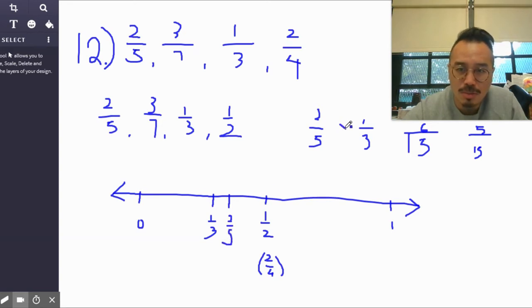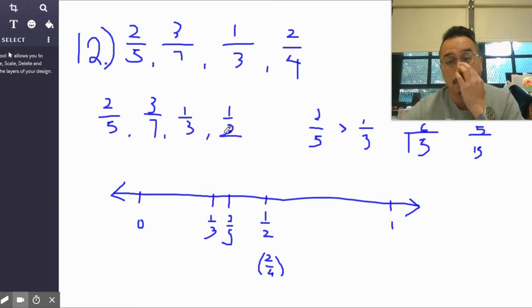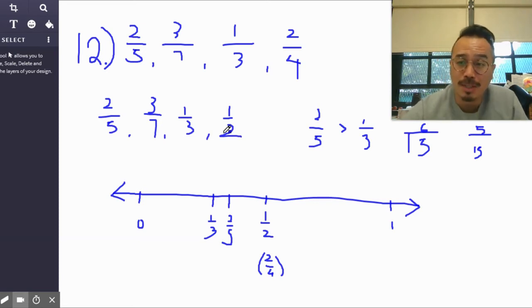Don't get too intimidated by having all these fractions where it's not immediately apparent what the common denominators are between four numbers. It's okay, take your time. Now, what number am I missing? 3/7. 3/7 also doesn't stack up against 1/2, because 3/7 is not 1/2.